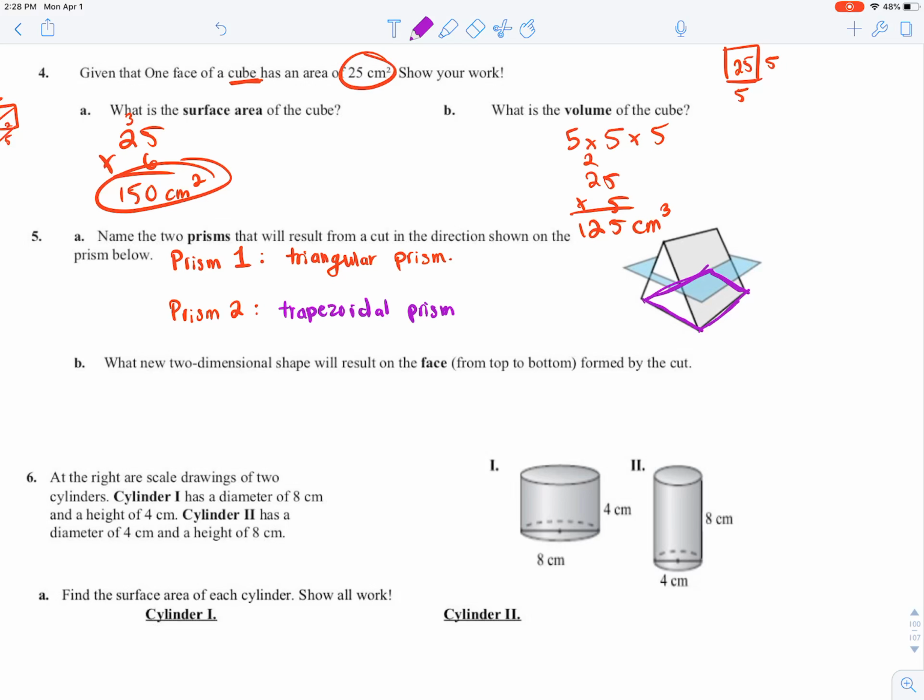When you make a cut across a 3D object, whatever side is parallel to this cut, that's the shape that you're going to have. So hopefully you said rectangle. So when you cut this, the 2D shape that'll appear is a rectangle.